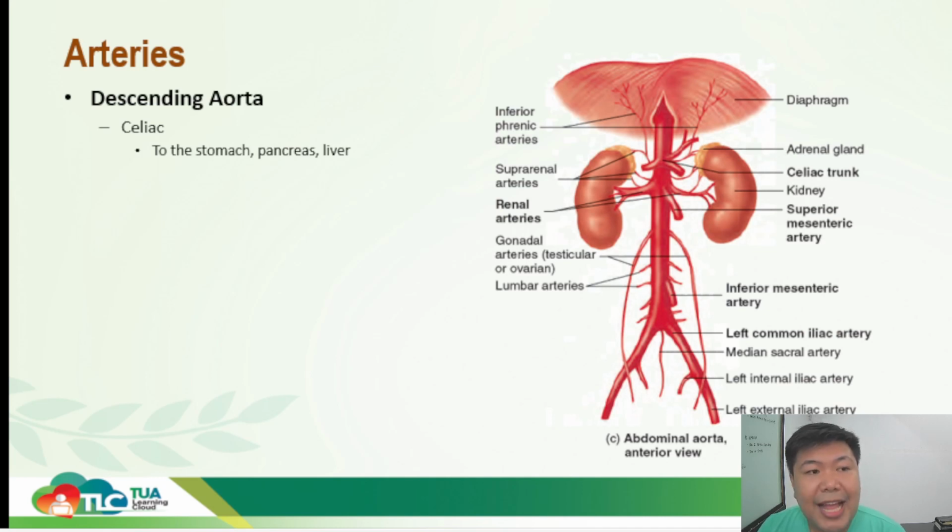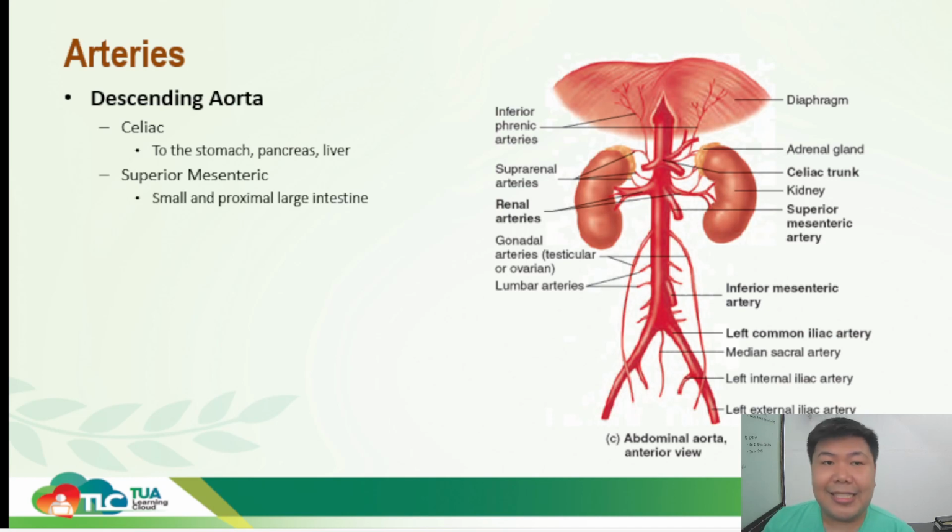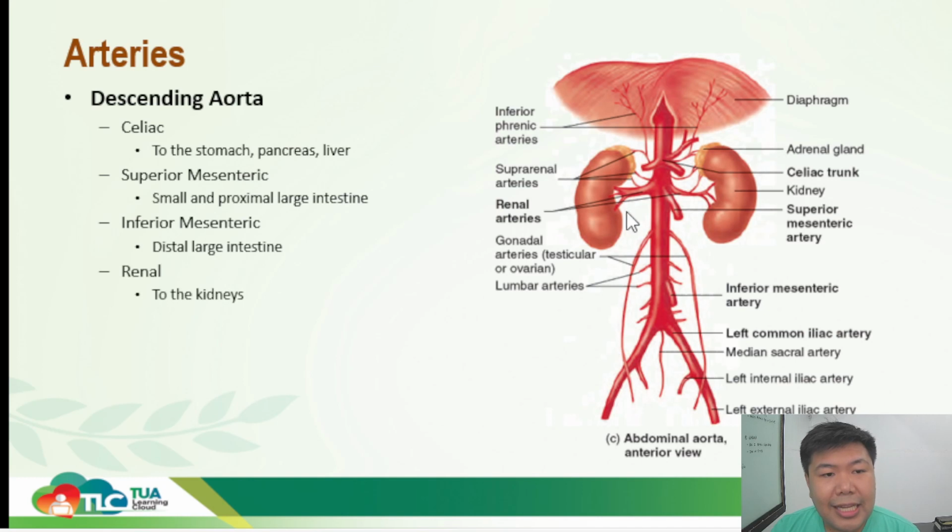The next main branch of the abdominal aorta is the superior mesenteric artery, which supplies blood to the small intestines and the proximal large intestines. The third branch is the inferior mesenteric artery, which supplies blood to the distal parts of the large intestine. The fourth one is the renal artery. As you can see here, it supplies blood to the kidneys.